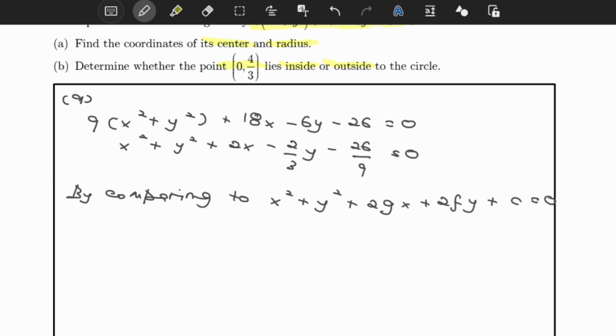So we can see that 2g equals 2, so g equals 1. We also get 2f equals negative 2 over 3, so f equals negative 1 over 3. And the last one, c equals negative 26 over 9.